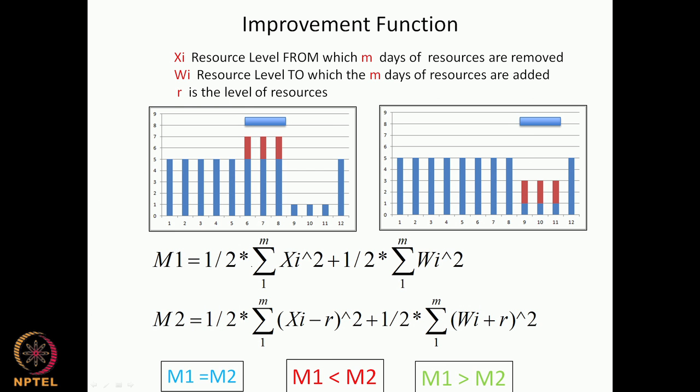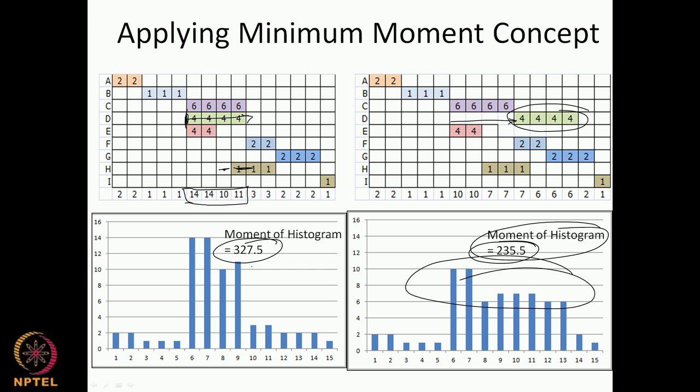When we move from here to here, I can certainly calculate my moment as it is, but what we want is a procedure that gives us a methodical way of calculating whether a shift improves or does not improve the rectangularity of the resource loaded histogram.